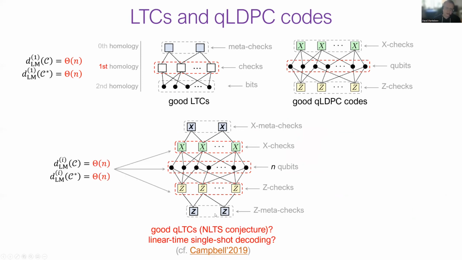In fact, it follows that if we have similar properties for these three levels, then one could obtain not only good classical LTCs and quantum LDPC codes, but also quantum locally testable codes, which also implies the NLTS conjecture. And we can also show that this code has linear time single shot decoding.